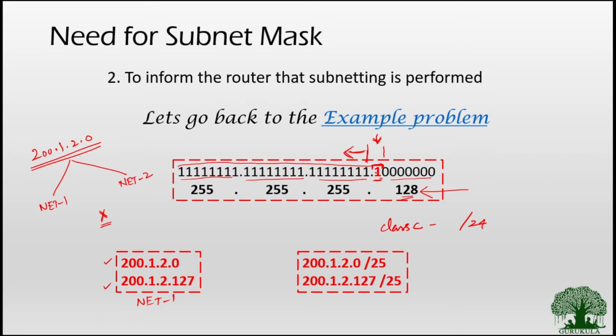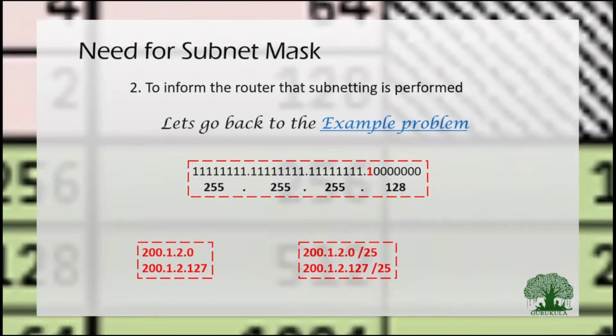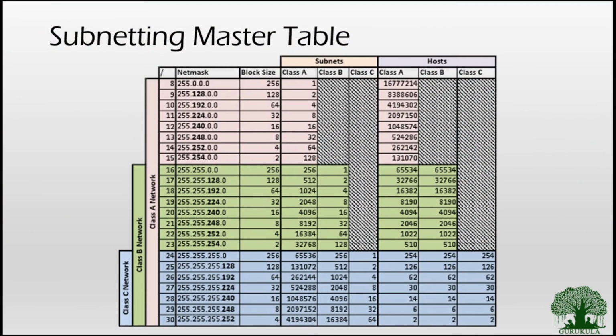Somehow we are using this bit also to represent the network. So totally we are using 24 bits plus 1 bit, which is 25 bits, to represent the network part. So /25 is represented over here. This is what we call the subnet mask, which has to be represented everywhere subnetting is performed.